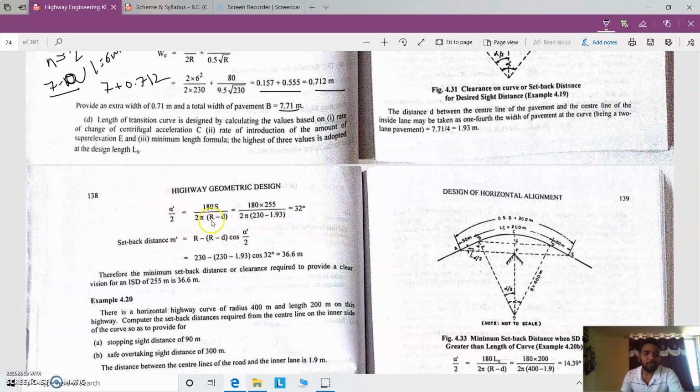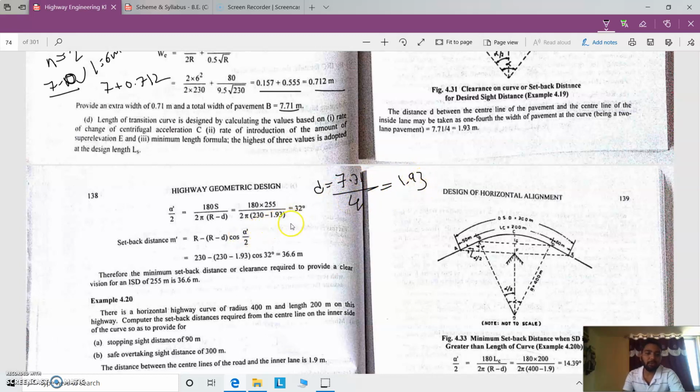So alpha by 2 is 180 S by 2 pi R minus d, and 1/4 of the pavement, d equal to N by 4, which is 7.71 divided by 4, and that will give you 1.93, right?